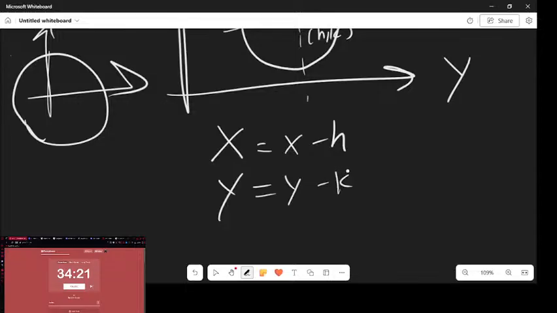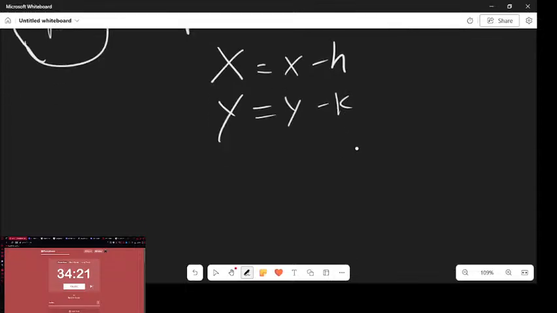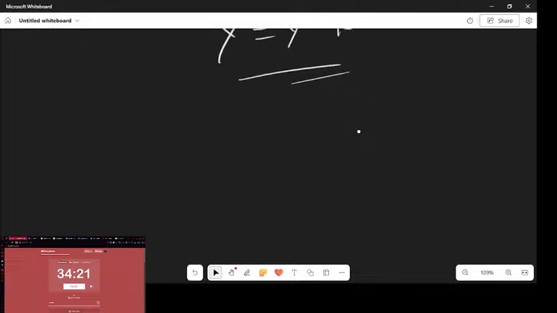We can just substitute this in the equation of the circle and the equation of a tangent.